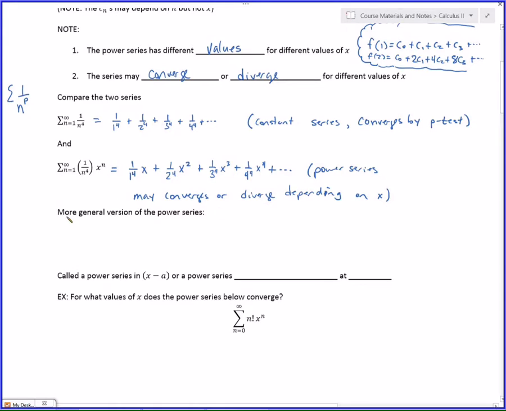Before I do that, I do want to give you that there is, in fact, one other way of writing the power series. It's a more general version of the power series. The only difference now is that instead of raising x to a power, you do the sum from n equals 0 to infinity of still the coefficient c sub n, but instead of x to the nth power, you do x minus a to the nth power.